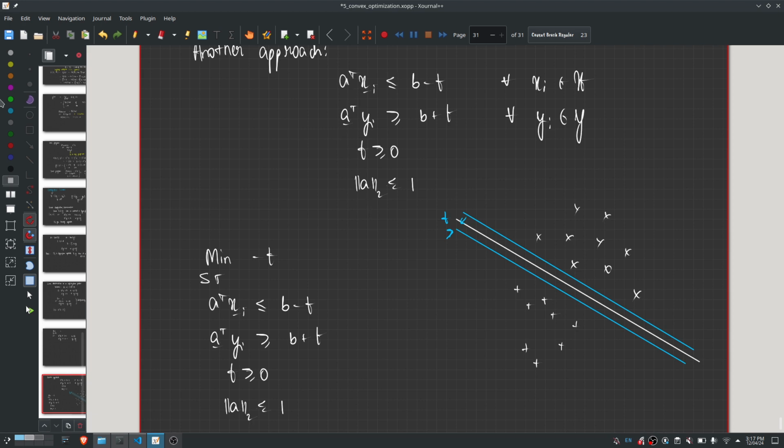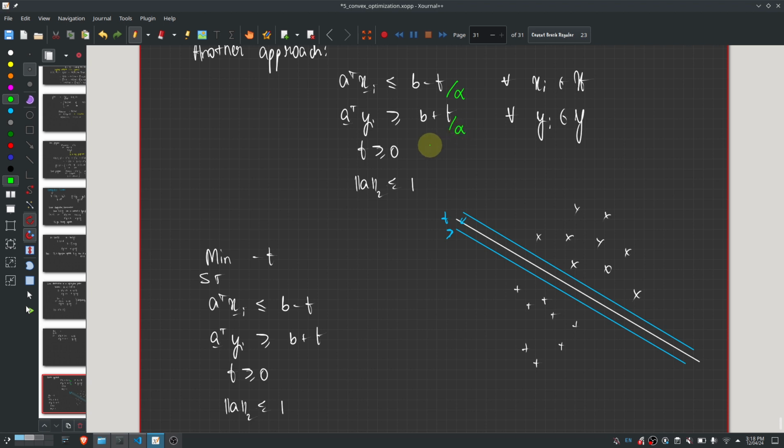If I multiply both a and b by alpha, let's say, that's the same as saying that a transpose xi is less than or equal to b minus t by alpha, and a transpose yi is greater than or equal to b plus t by alpha.